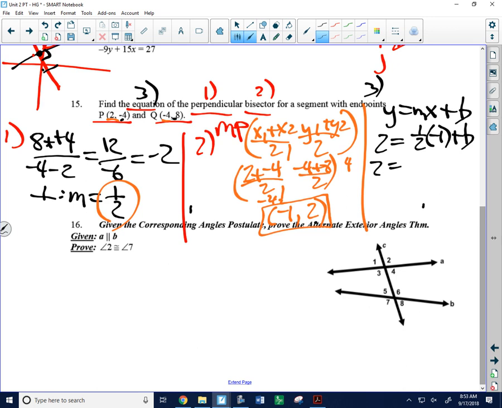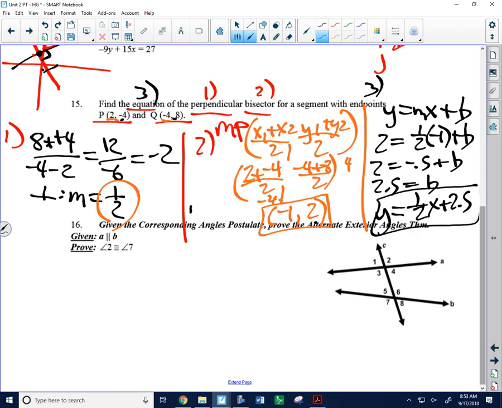So 1/2 times -1 is -1/2. I'm going to write it as -0.5. And then add 0.5 to both sides, so it's 2.5 for my b. So the final equation, y equals my slope, which was 1/2, times x, and then plus 2.5. Or you could write 5/2, or 2.5.